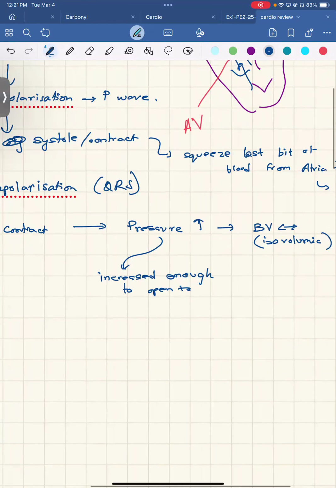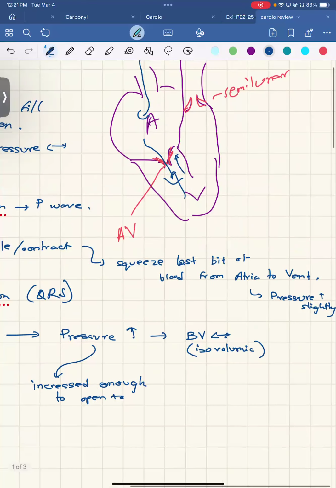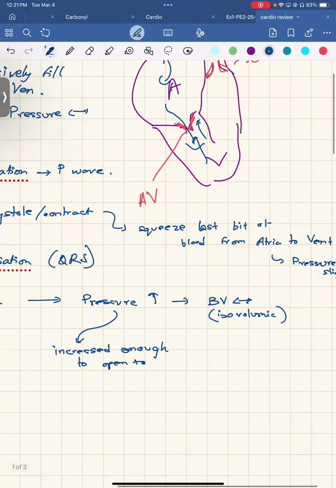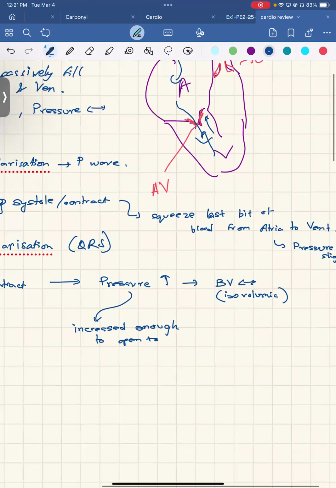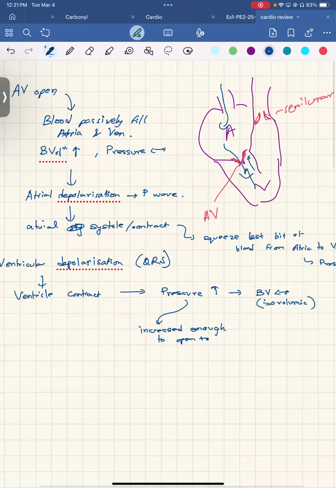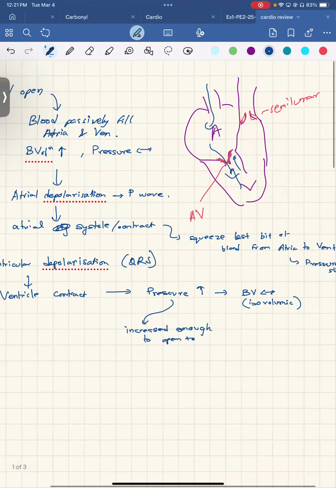What valves? The AV valves closed quite a bit earlier. That's why you have isovolemic contraction, which starts when the valve has closed, so blood cannot go back up.